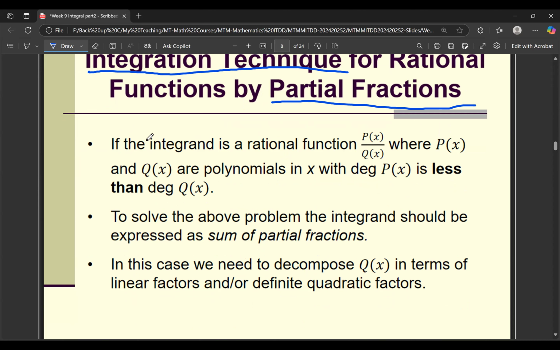If the integrand, meaning the function we want to integrate, is a rational function like this, this is the numerator and this is the denominator, where p(x) and q(x) are polynomials, in bahasa we say suku banyak in variable x, with the degree of p(x) less than the degree of q(x).